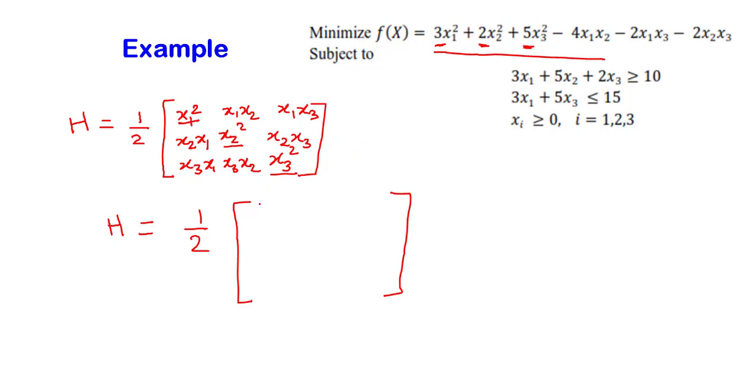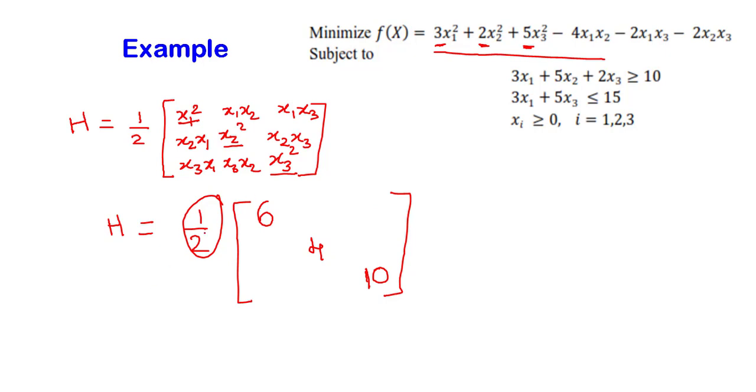So I will double these numbers, multiplying by 2, because half should be there in the matrix. I will take this number as 6, this number as 4 and this number as 10: 3 multiplied by 2 is 6, 2 multiplied by 2 is 4 and 5 multiplied by 2 is 10.